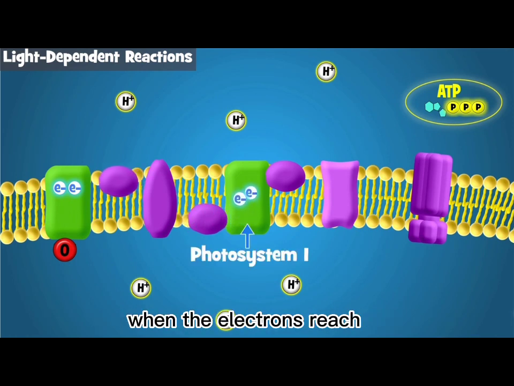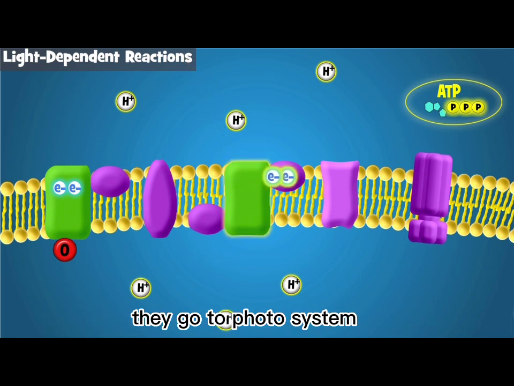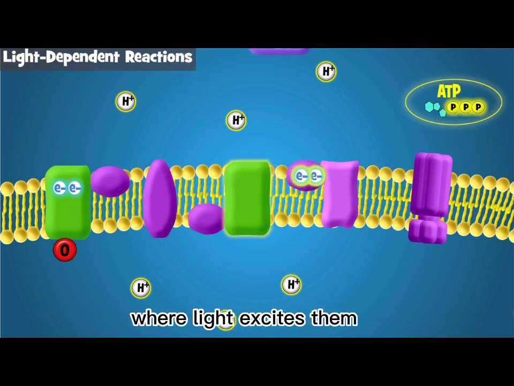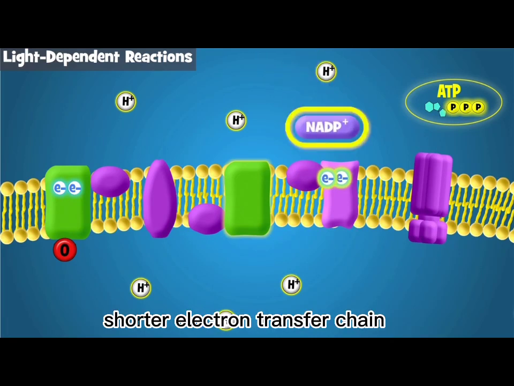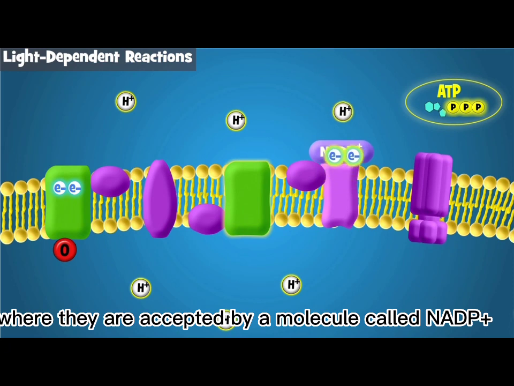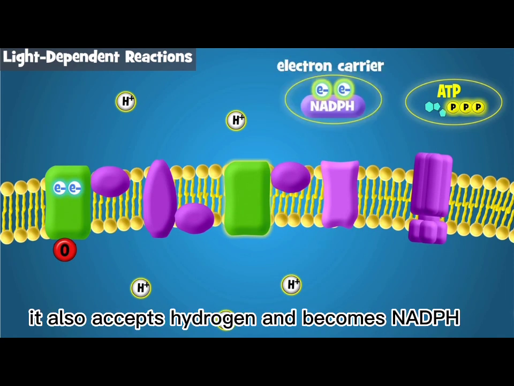When the electrons reach the end of this first electron transport chain, they go to photosystem 1, where light excites them again. They travel down a second, shorter electron transport chain where they are accepted by a molecule called NADP+. When it accepts the electrons, it also accepts hydrogen and becomes NADPH.